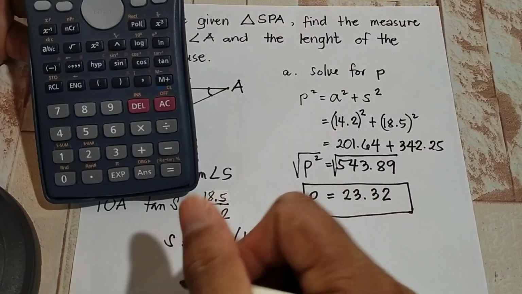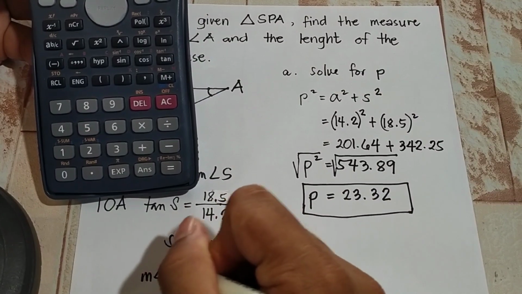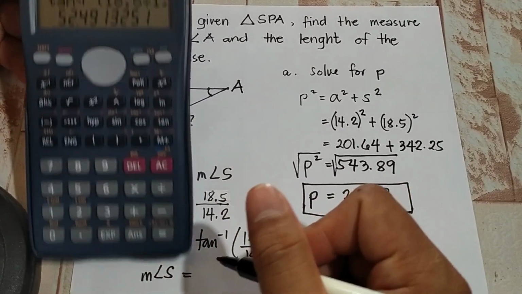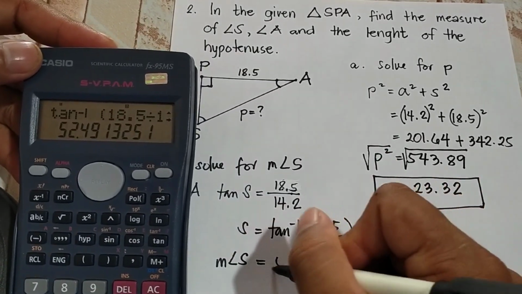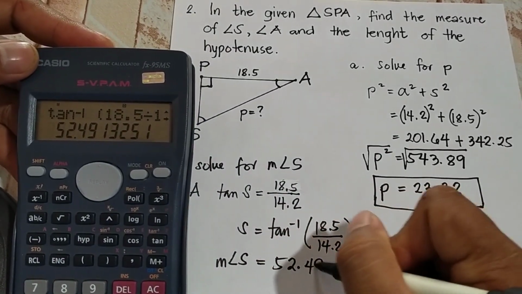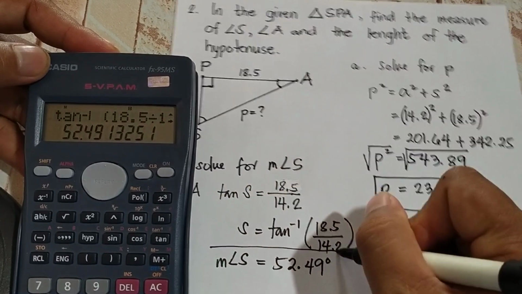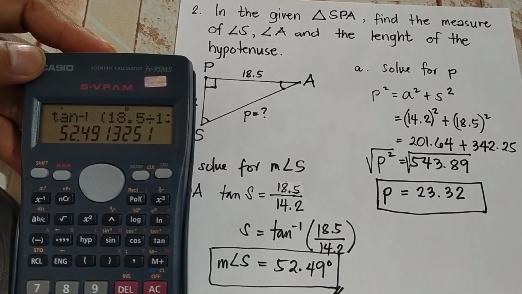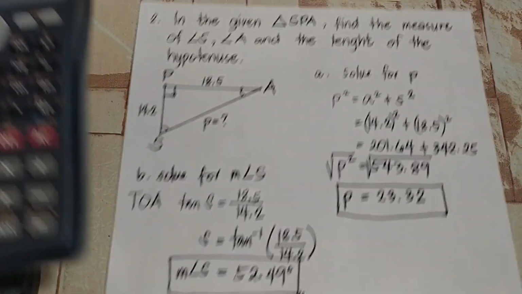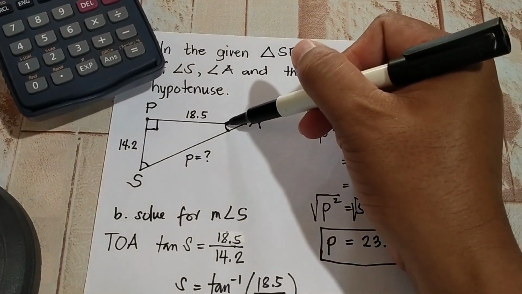So the measure of angle S is equal to how much? That is 52.49 degrees. Is that clear?